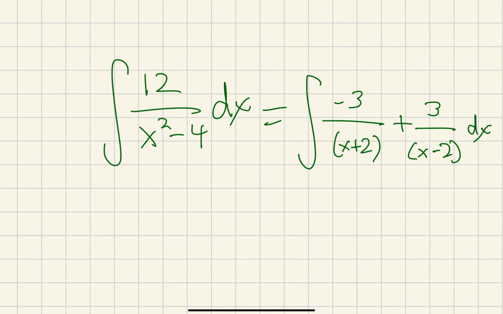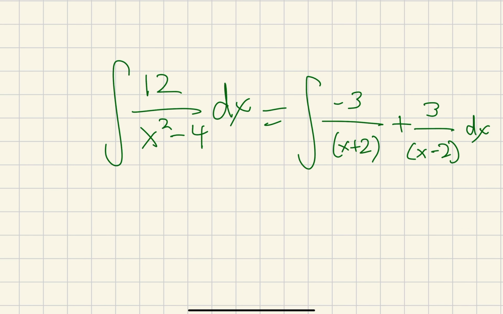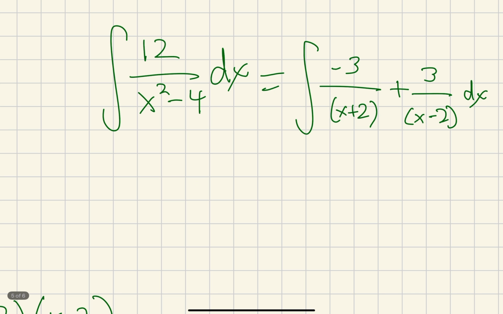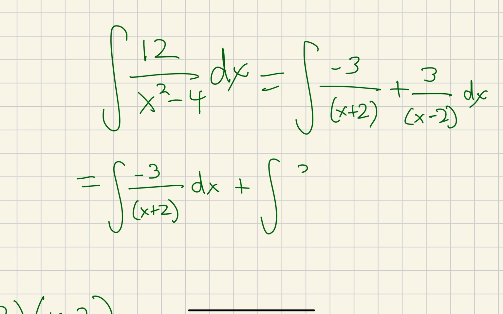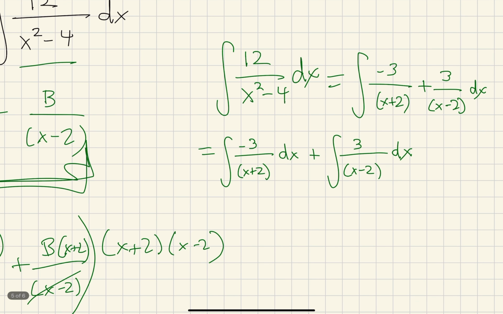Now you might be thinking, how do we solve this? Well, we're going to break it into parts. So the integral of negative 3 over x plus 2 dx plus the integral of 3 over x minus 2 dx. Okay, so now we got this, and this is way easier to solve than the integral that we had before.